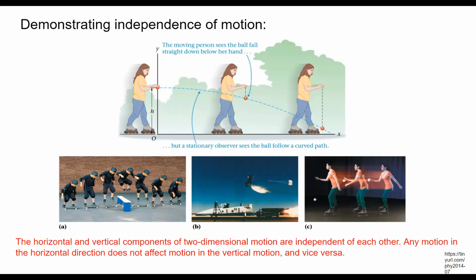Or in this case, if you are on a skateboard, all right? And then at a certain point, you jump up, and then you're going to land on the skateboard again later on, right? Because the horizontal motion is not going to be affected by the fact that you are jumping up, okay?